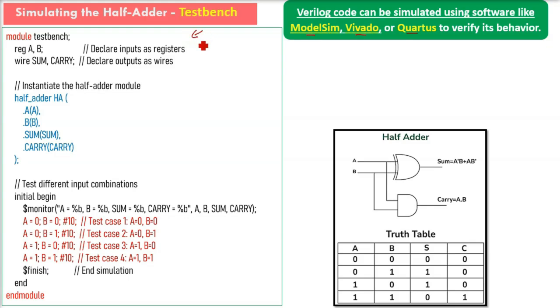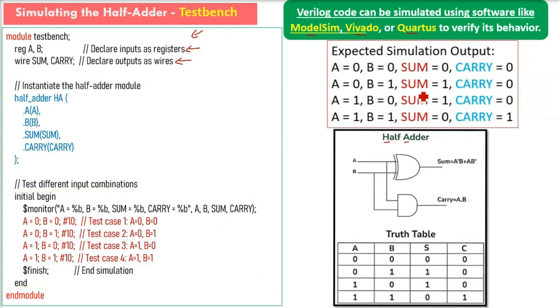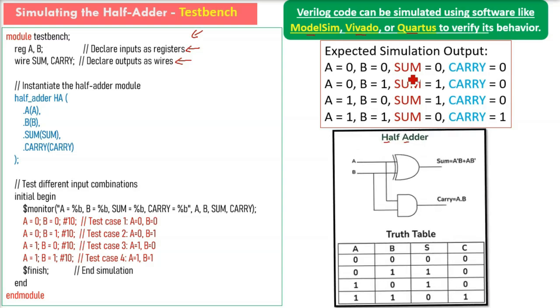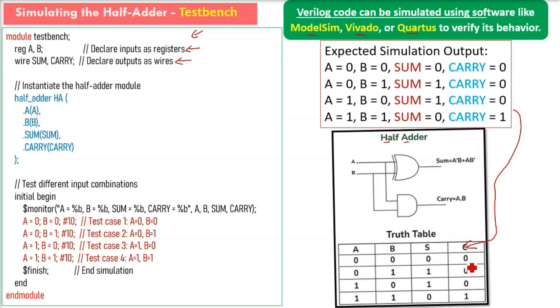We have a module testbench where we declare inputs as registers, we declare outputs as wires, then we instantiate the half adder module like this, and then we test different input combinations. So the expected simulation output is something like this. Now this relates to the truth table we initially discussed of a half adder.